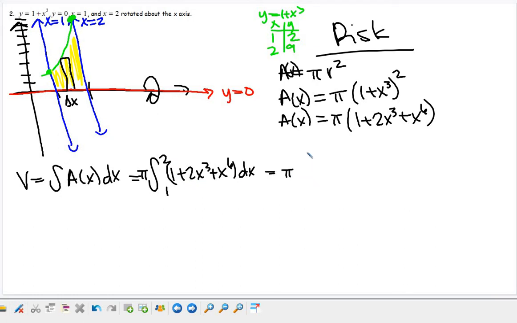So we have pi. Sorry about that. So the antiderivative of 1 is x plus 2x to the 4th divided by 4 plus x to the 7th divided by 7 from 1 to 2.